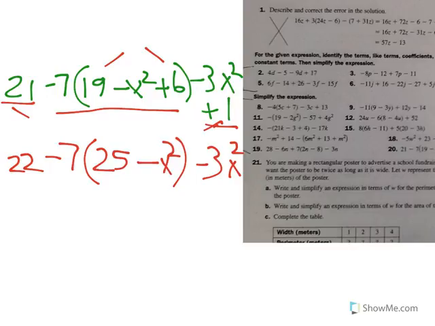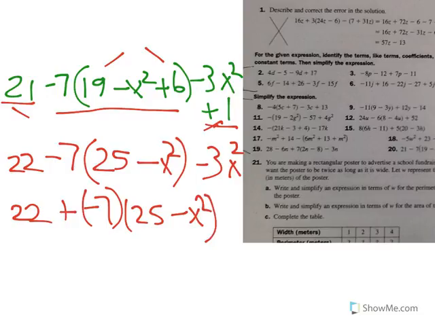So now 22 minus, so it's sort of like negative 7 times 25, because I'm going to rewrite this out just to show you that. Negative 7, because it's changing it to an addition problem, plus negative 7 times 25 minus 2x minus 3x squared.